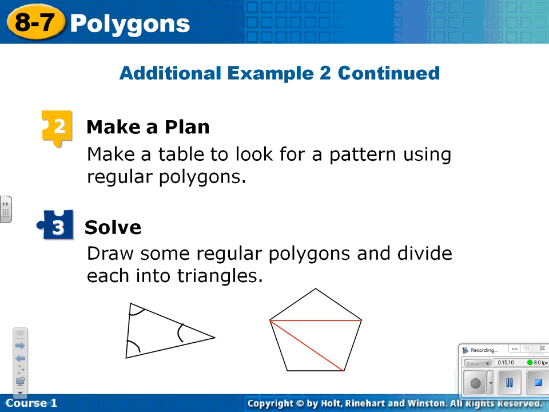Somebody that doesn't have a calculator, what would you do? 180 times 3. Why 180 times 3? Yeah, each triangle equals 180. So this plus that is 180. This plus that is 180. This plus that is 180. So if we multiplied 180 times 3, we come up with what?